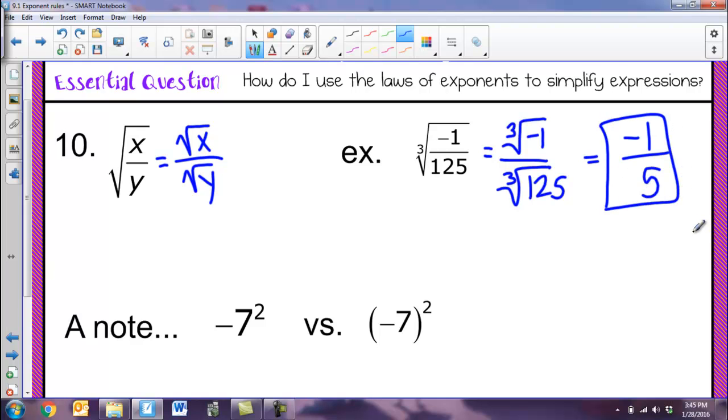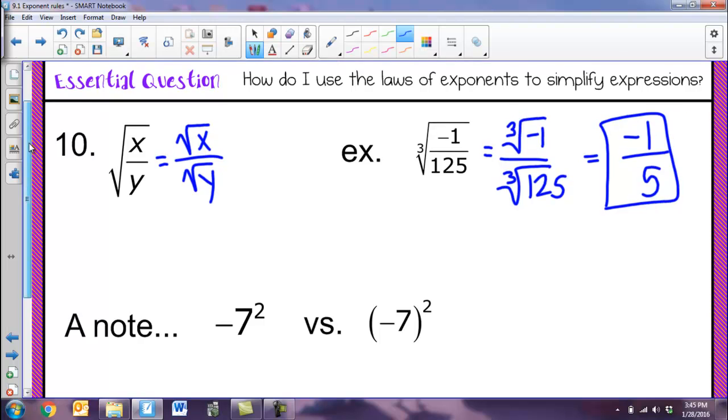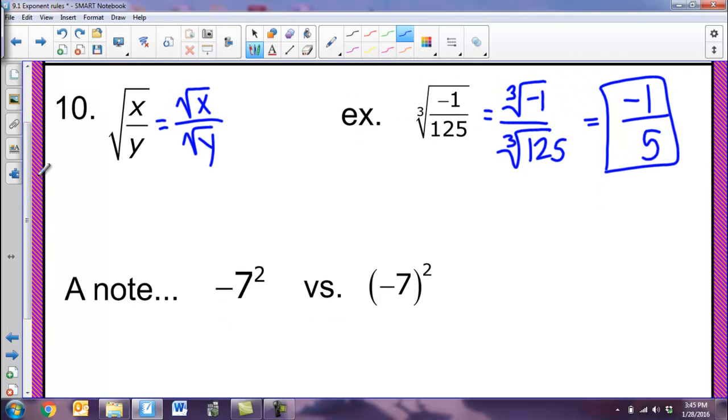And just one little note about exponents as well, especially when you're plugging in the calculator, you have to be very, very careful how you type them in, because these two notations are two completely different things. So what's happening here on the second one, parentheses -7 squared, we are taking -7 and multiplying it by itself twice, which gets me positive 49.